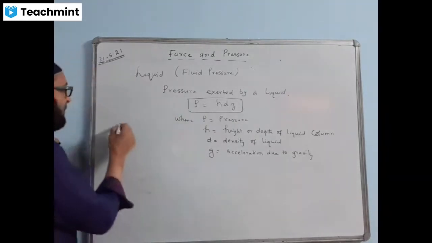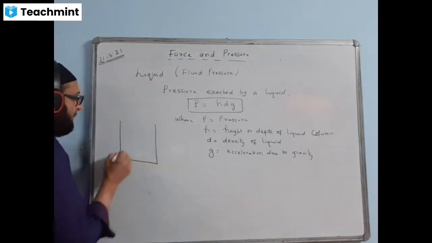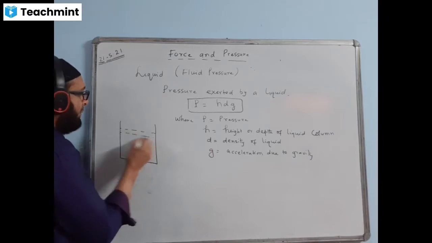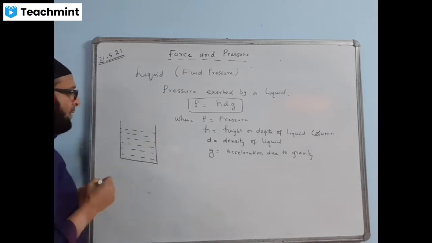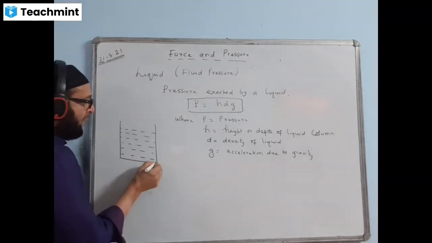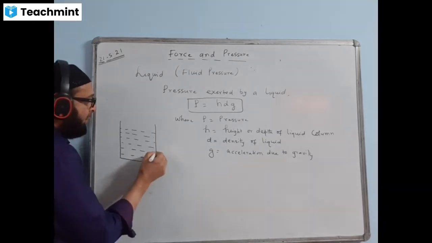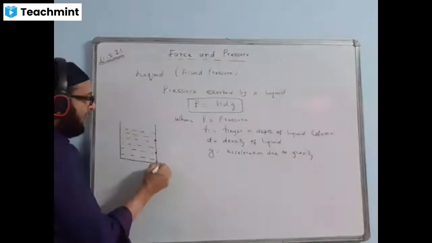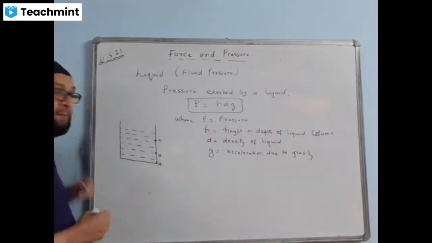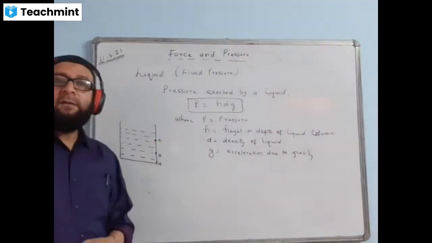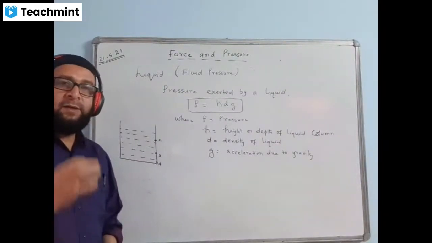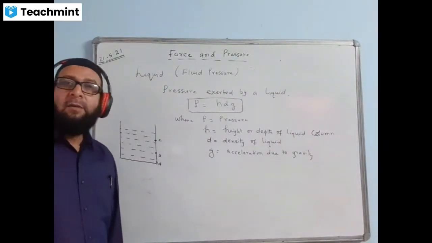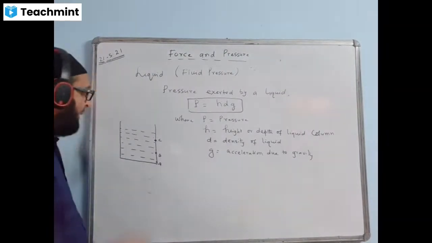For example, suppose we have a container filled with a liquid, suppose water. We have a point A here, another point B, and another point C. Which point will have the largest pressure? Which point will have the highest value of pressure? A, B or C?